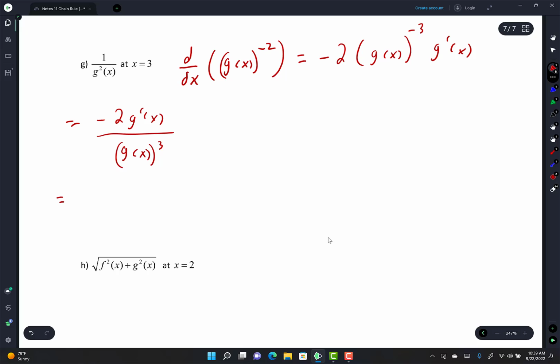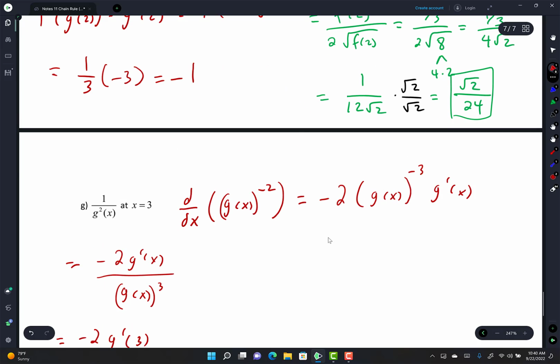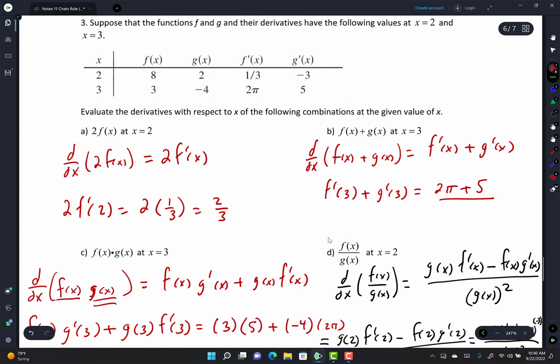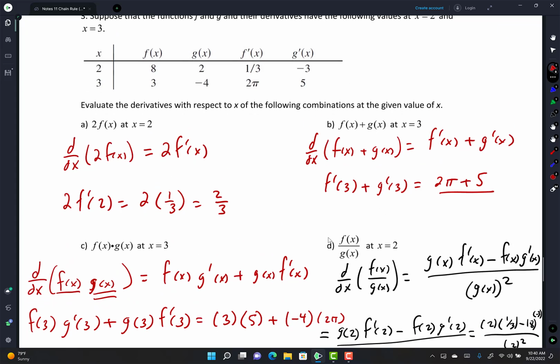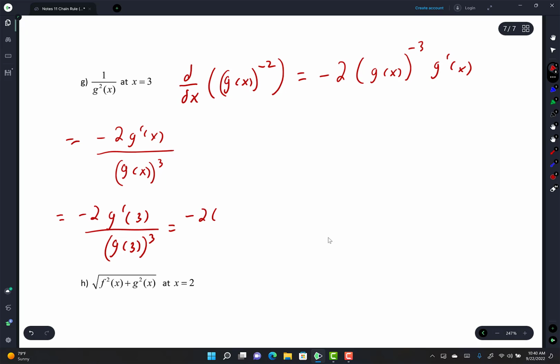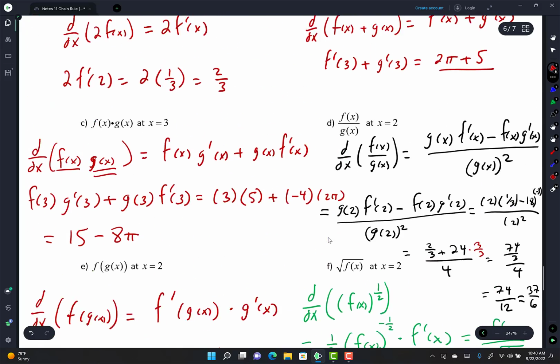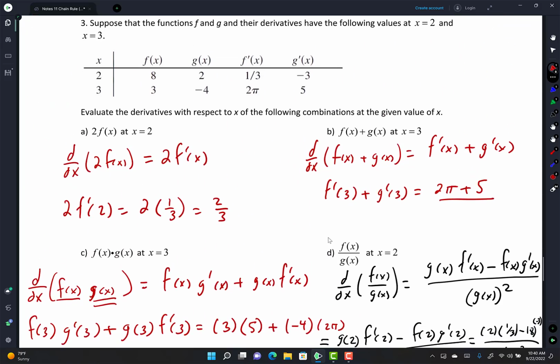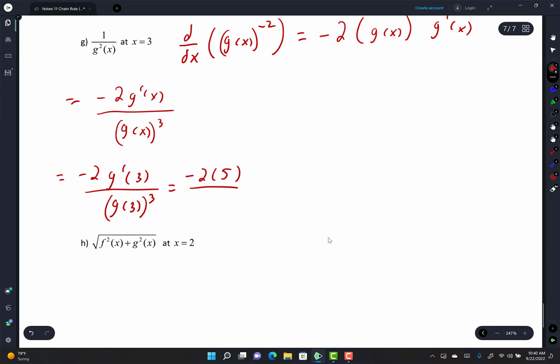Let's look it up at 3. So -2 g prime of 3 over g of 3 to the third. What was g prime of 3? Was it 1/3? No, 5. So negative 2 times 5 over, and then g of 3 is negative 4, yeah.